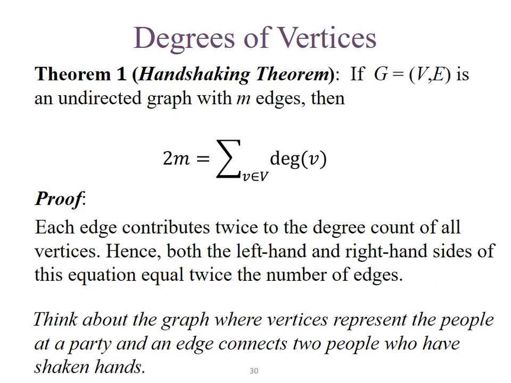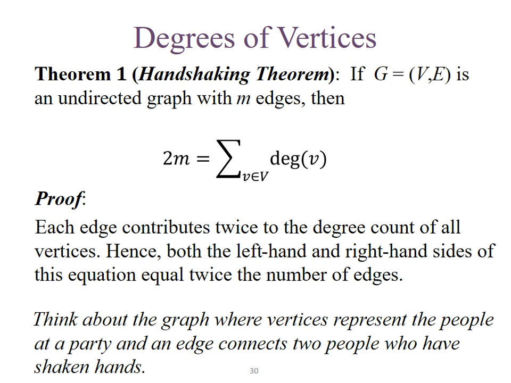Next, let's see the theorem of degree. We call this the handshaking theorem. If we have the graph G, then if we calculate the total summation of the degree of all vertices in this graph, it equals 2 times n, where n is the number of edges. Okay, so we know the reason.